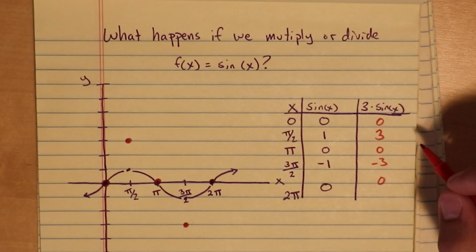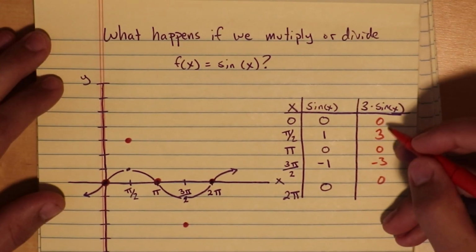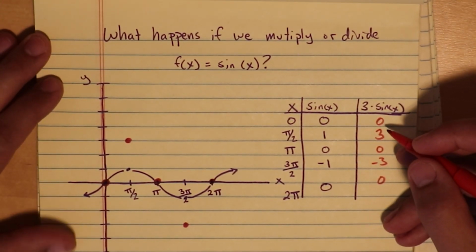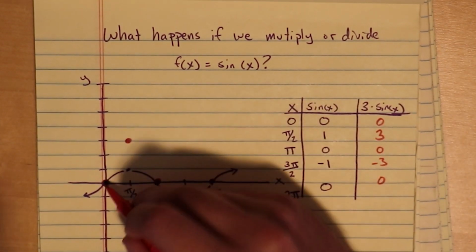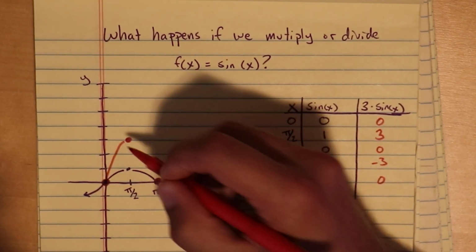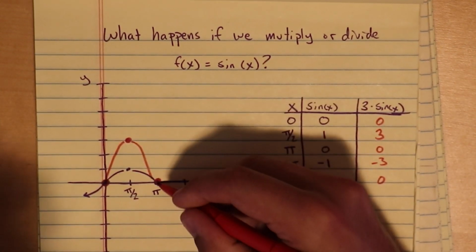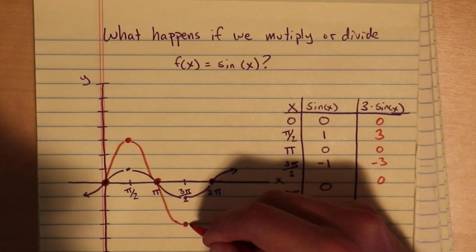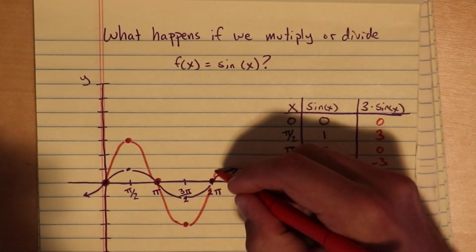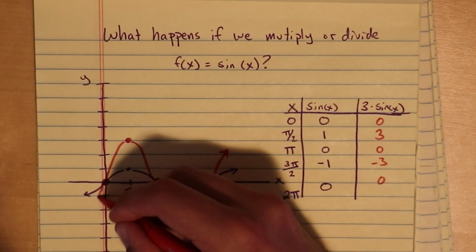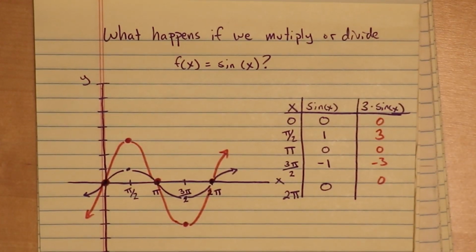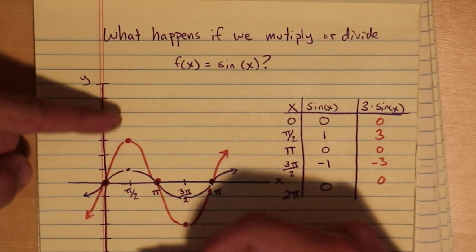So a difference that multiplication has over addition is that not every single thing is moving by the same amount, which causes this to happen. Remember, the zeros don't change, but anything that's not zero does. And we get this stretch.